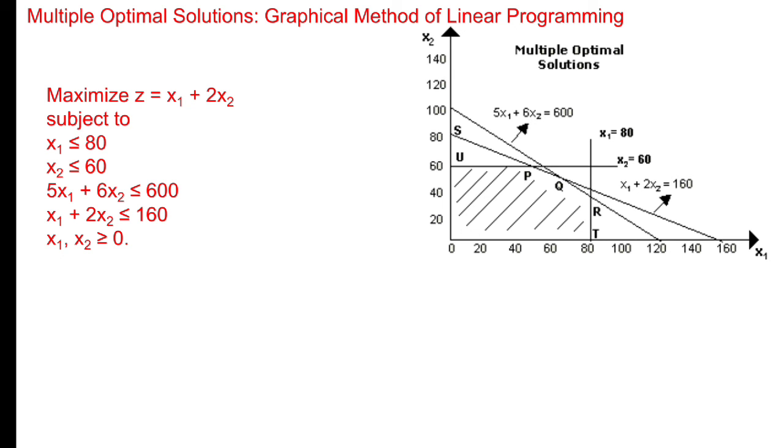Then for another two constraints, put x1 equal to 0, 6x2 equal to 600, therefore x2 equal to 100. If we put x2 equal to 0, 5x1 equal to 600, so x1 equal to 120, giving the point 120 comma 100.